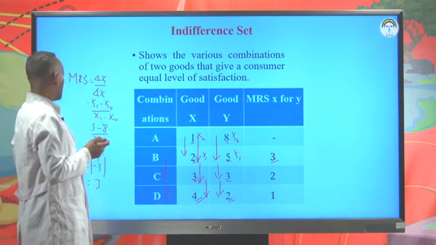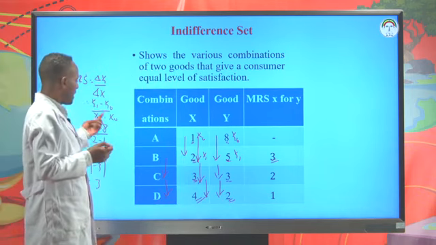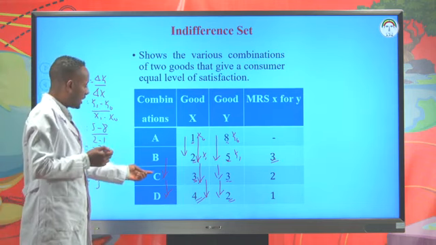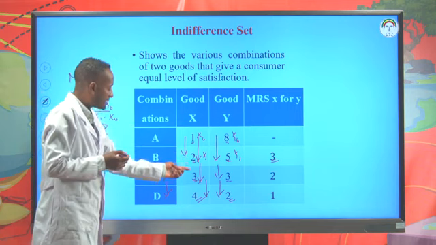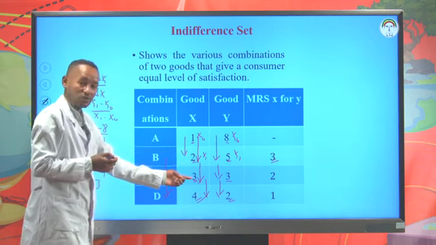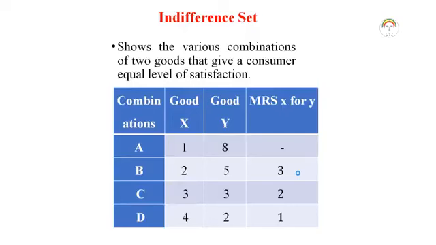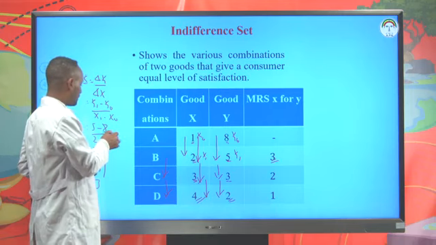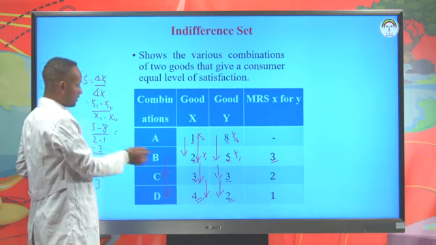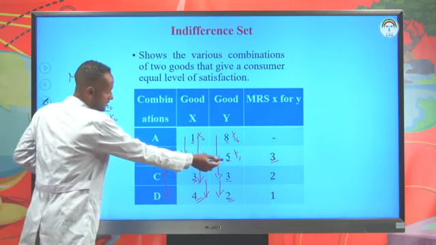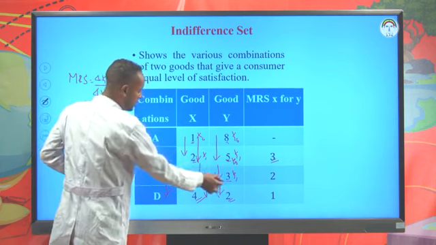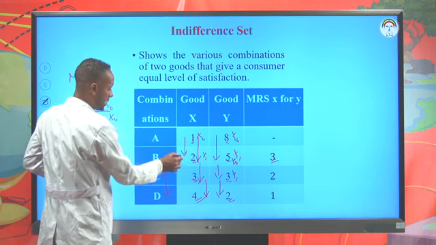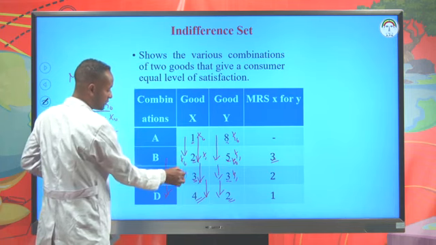Again, when we go from combination B to C, if the satisfaction that we get from 2 units of X and 5 units of Y is equal to that of 3 units of X and 3 units of Y, then the marginal rate of substitution will be as follows. Let's take this 5 as Y initial and this 3 as Y final, and let's take this 2 as X initial and this 3 as X final.